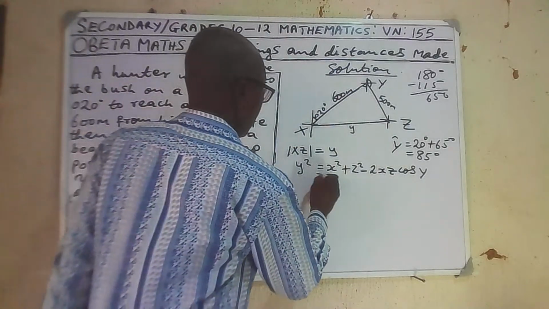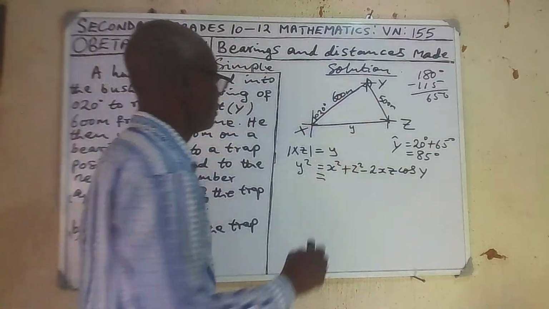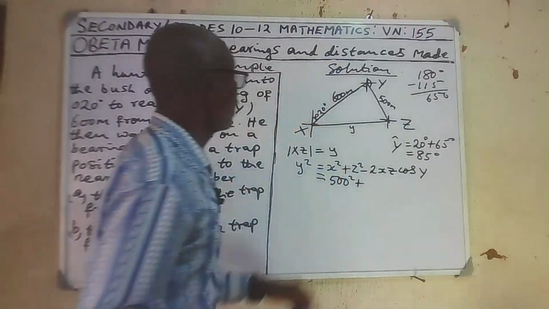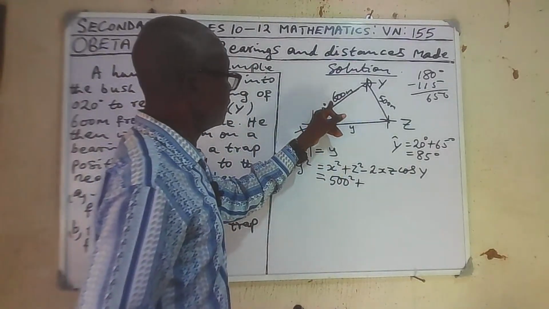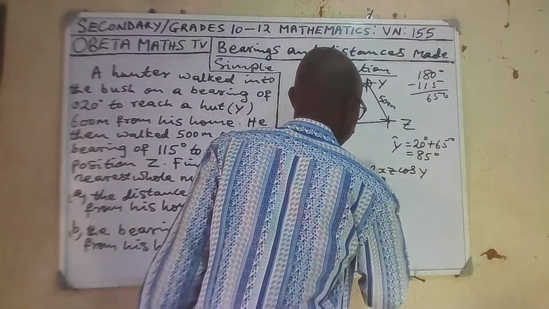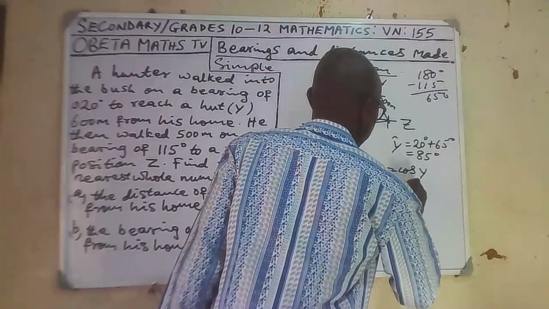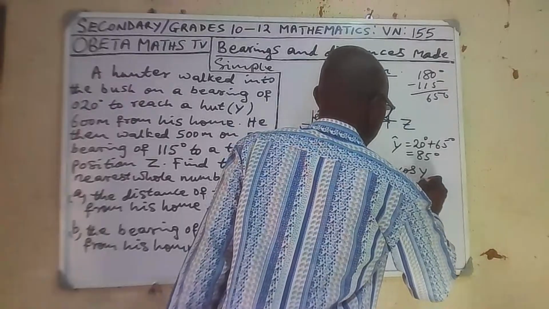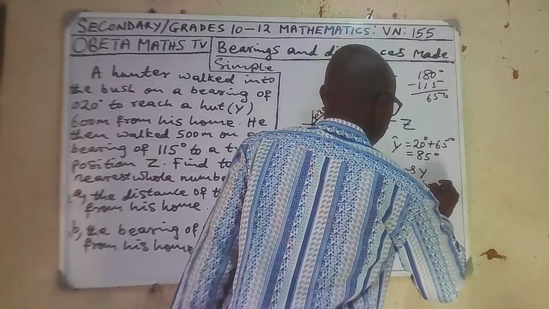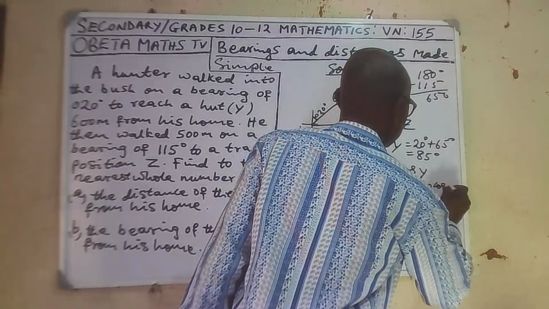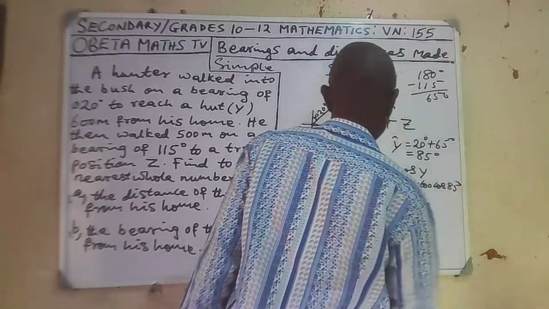Our small x is 500, our small z is 600, then minus 2 times 500 multiplied by 600 multiplied by cos 85 degrees.